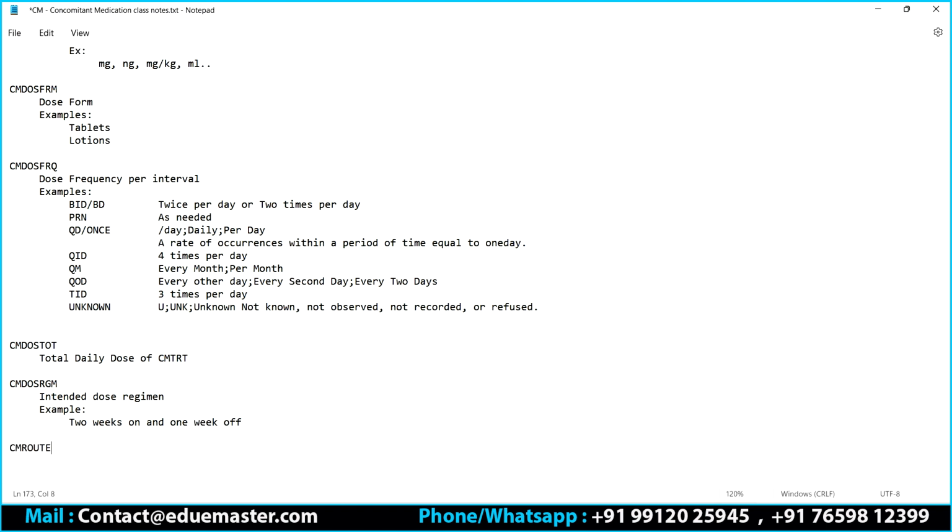Yesterday someone asked, when we are talking about this dose from the dosage form, we talked about tablets, we talked about the lotions and all. There someone talks about orally, correct? But that will fall under your CM route. The CM route is nothing but route of administration. How you are taking this particular dose.